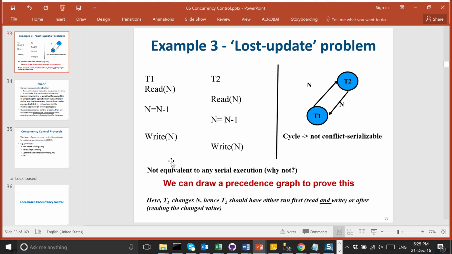Now, if you look here, what I'm doing, I am asking for locks as I go. I'm not asking for all the locks up front. If I ask for all the locks up front, there will be no deadlocks, but the concurrency will be reduced.